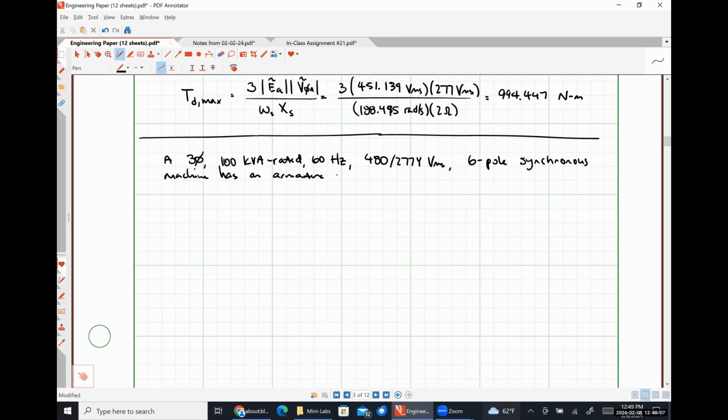that has an armature resistance of RA is equal to 0.09 ohms and a synchronous reactance of XS is equal to 1.5 ohms per phase.